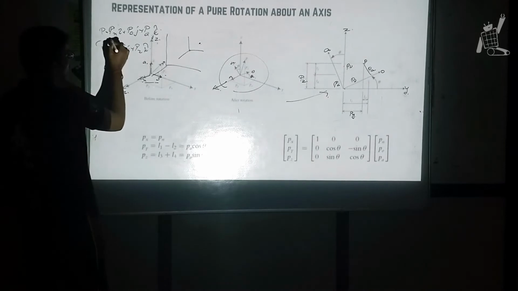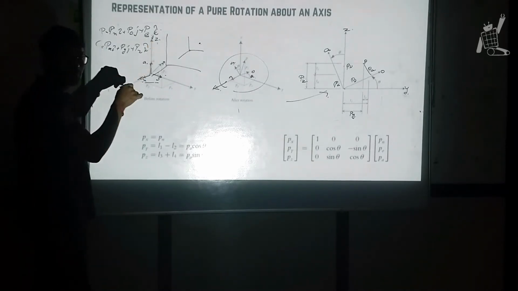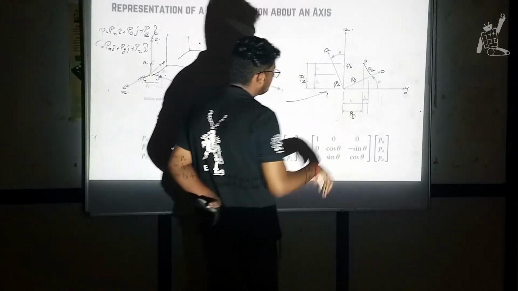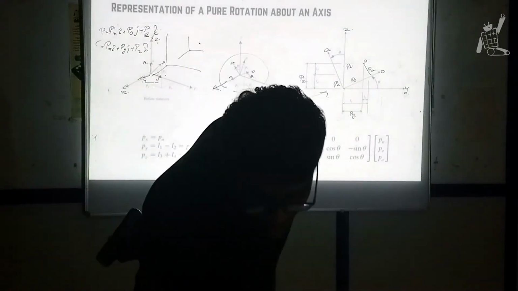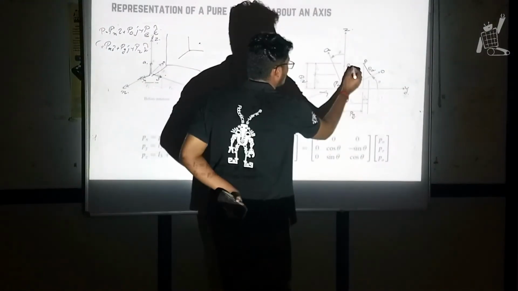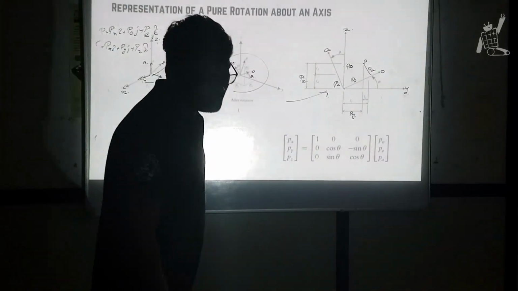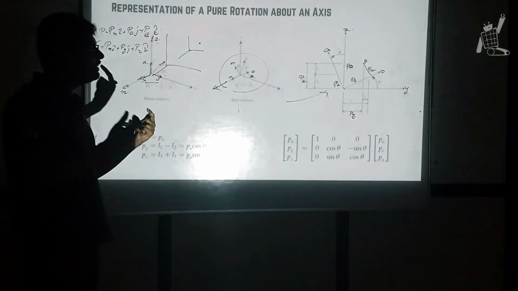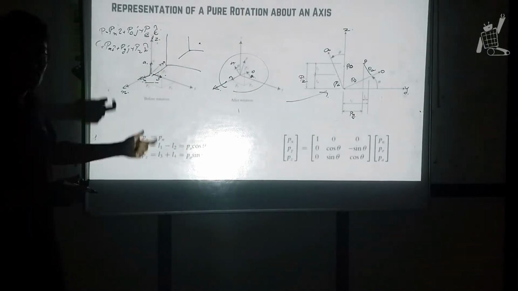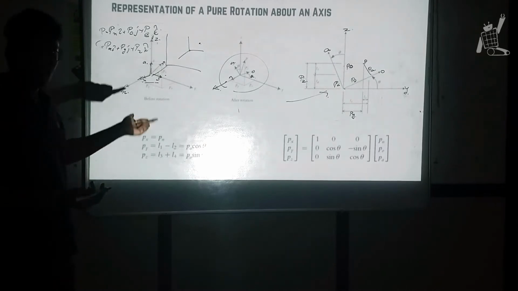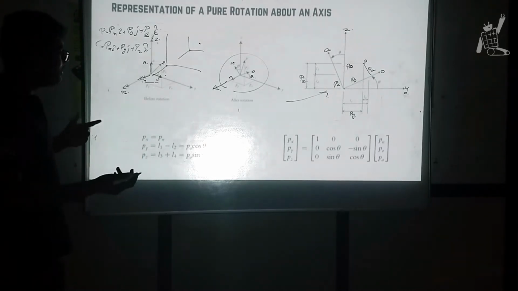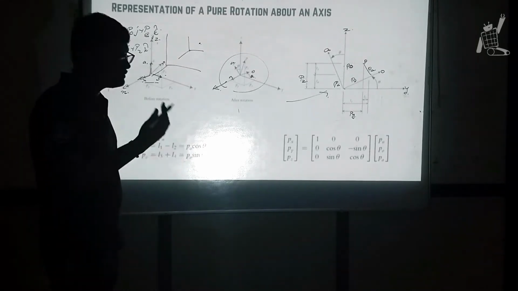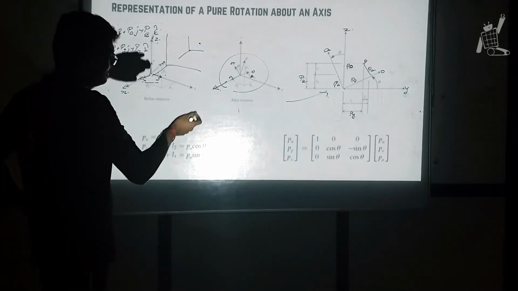This is a point, and those are the components in the different axes: PA along the A axis, PO along the O axis, PY with respect to the reference frame, and PZ along the Z direction.